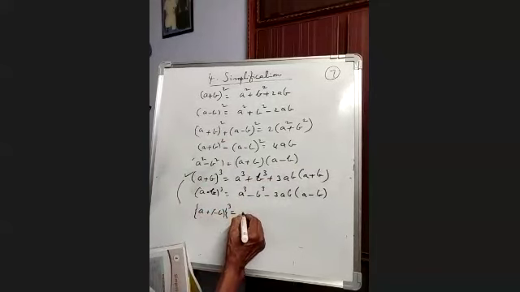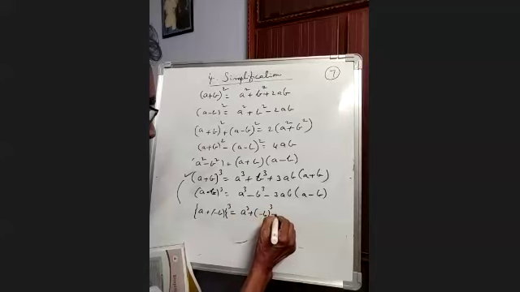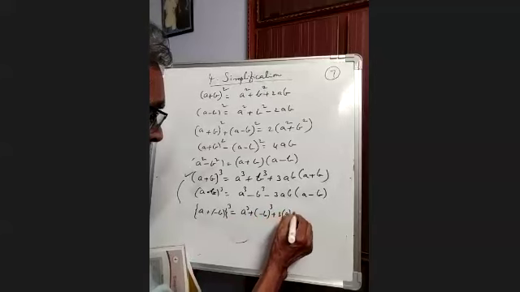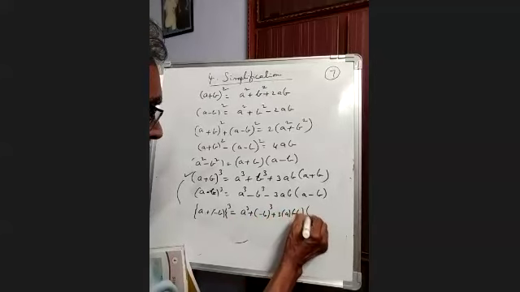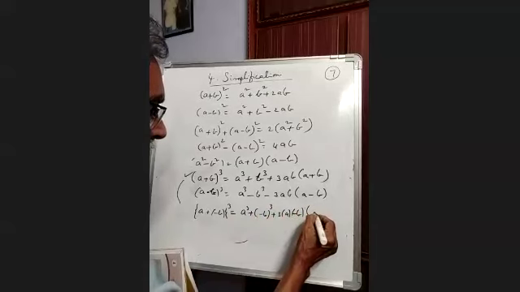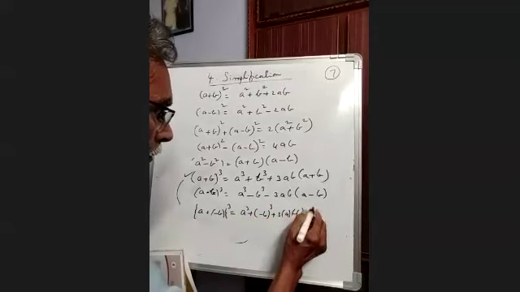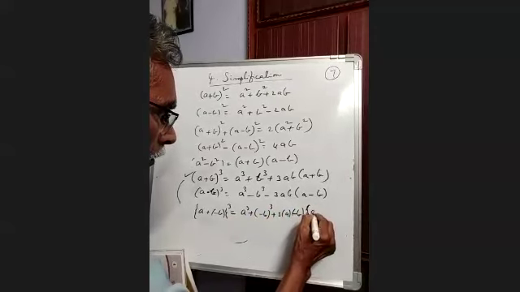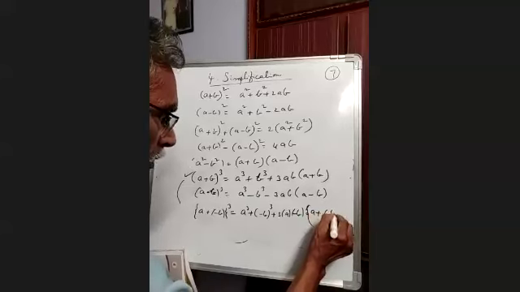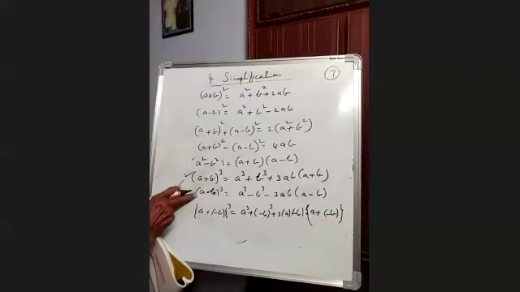Memorization made easier. So A cube, B will be minus B: A plus minus B whole cube, plus 3 into A into minus B bracket A plus minus B. So I have written minus B wherever there is B. So this will be A minus B whole cube.